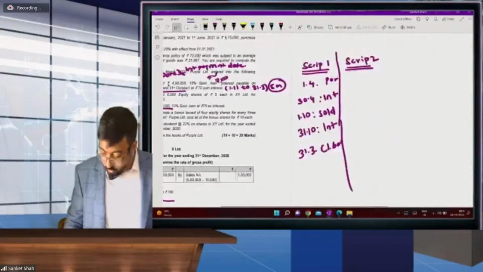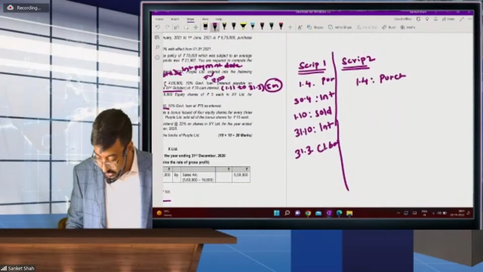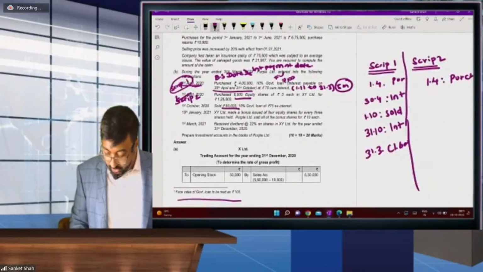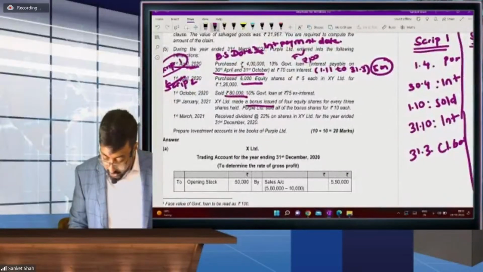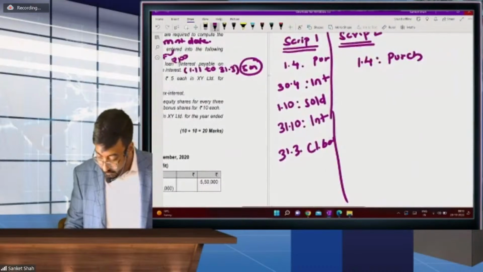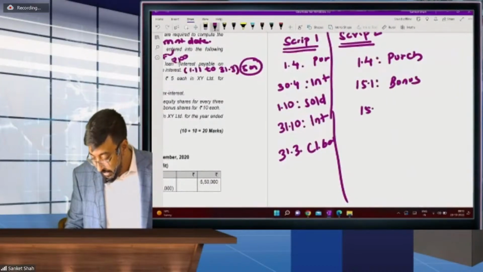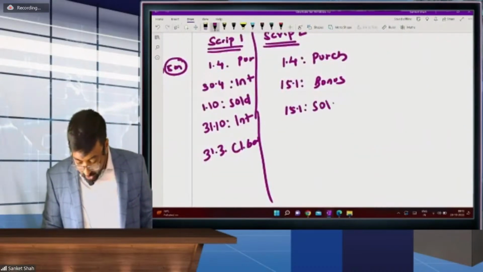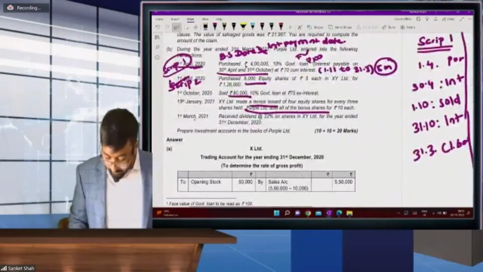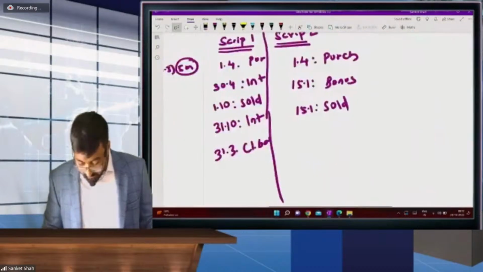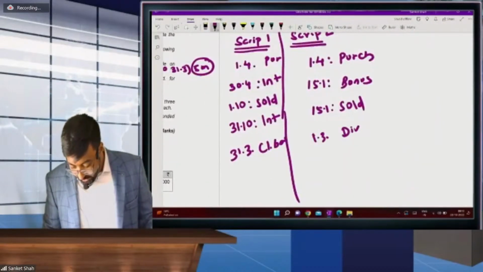Now script 2. 1st April purchase 6,000 equity shares. Then bonus shares on 15 Jan, and the same date he sold bonus shares for 10 each. And on 1st March, he received dividend.